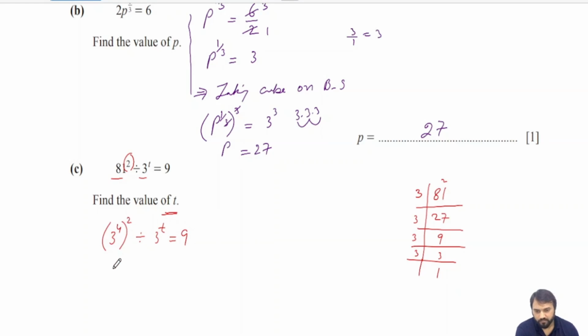Now power of power we multiply. 4 into 2 that is equal to 8 divided by 3 raised to power t, and don't forget the index rule. And what is the index rule? If the bases are dividing, we write one time base and subtract the powers. So 3 raised to power 8. Now bases are same. So one time base and subtract the powers. 8 minus t is equal to 9.